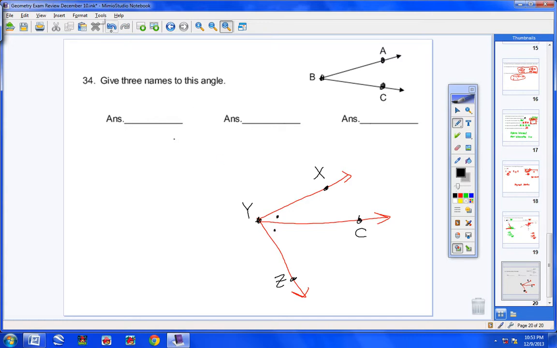And if you're talking about this angle here and you say angle Y, I'm going to have no idea whether you're talking about this angle here or this angle here or the whole entire angle.